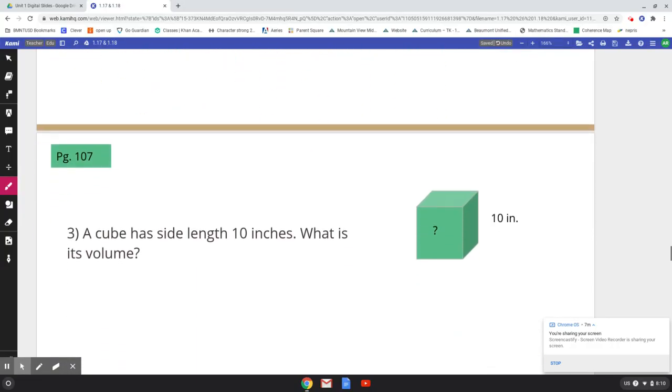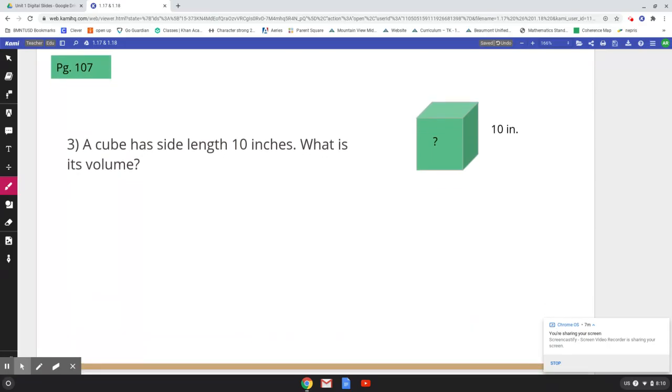Okay, so now I'm going to be on number 3 on page 107. And it tells me that, well, one of the sides is 10, but it's a cube. So I know that all of the sides are 10, right? So it says a cube has a side length of 10. What's the volume?